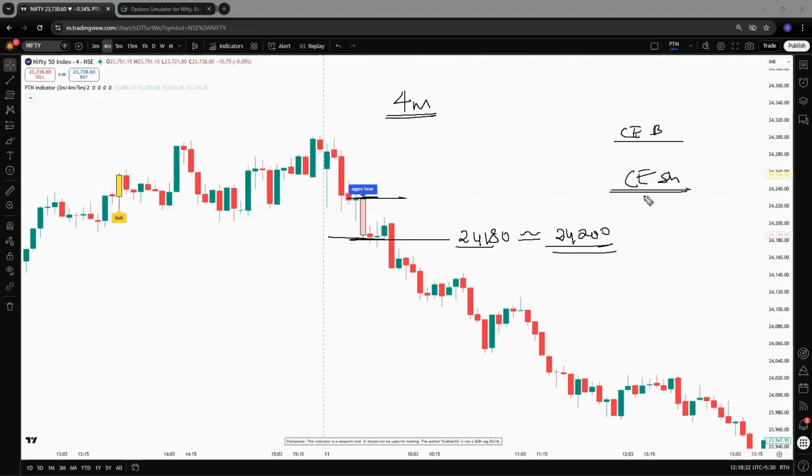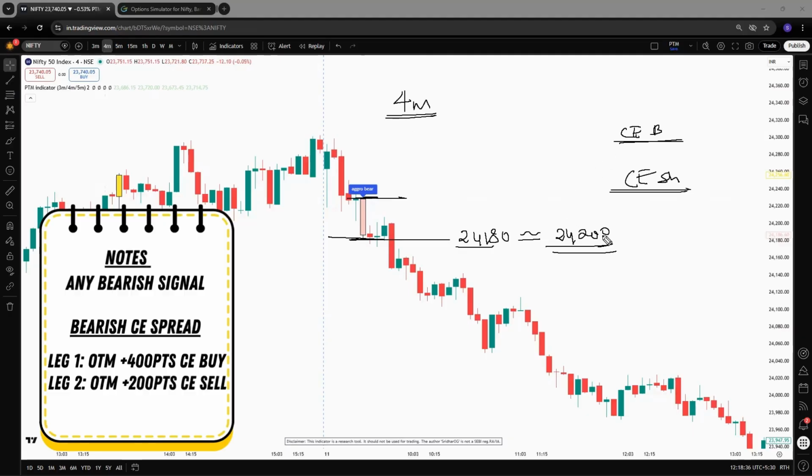Now, what is the strike price selection? There is no rule for strike price selection. Everyone has their own choice. In your testing phase, when you have a 1 month free trial, you can test everything you want. I usually take 200 points away, which is your upside: 24,400.